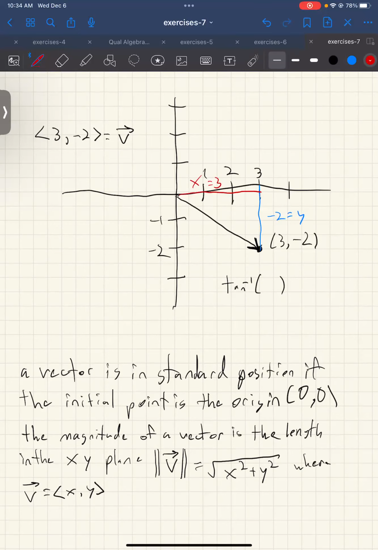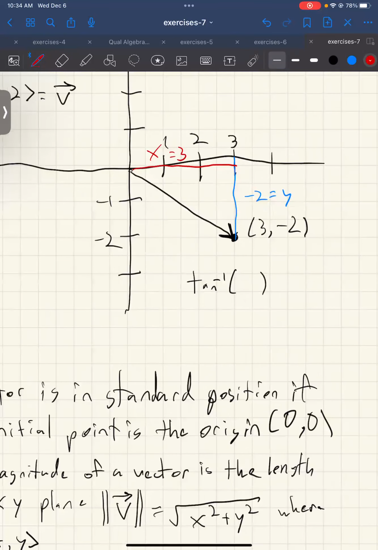So we have an X and a Y. So we do tangent inverse of opposite, which would be the Y, over X. But in this case, we get tangent inverse of -2 over 3.